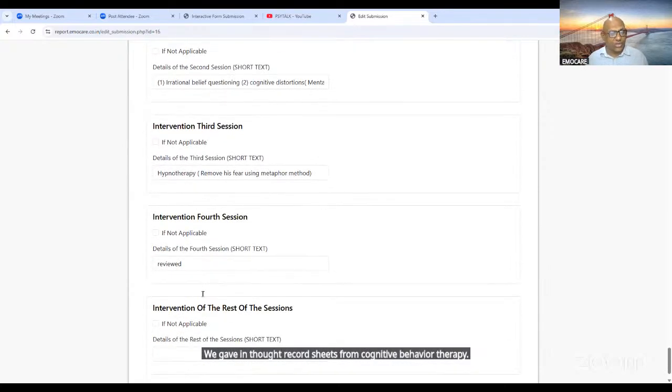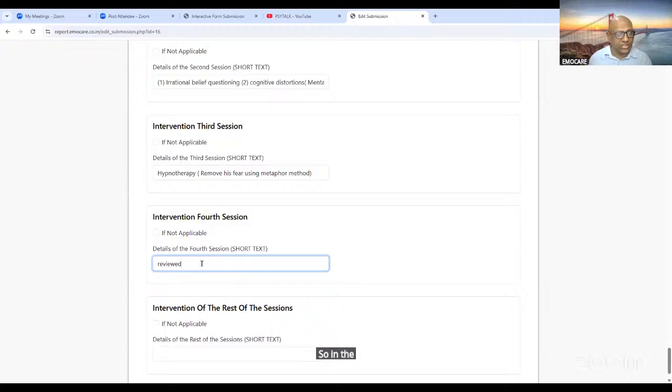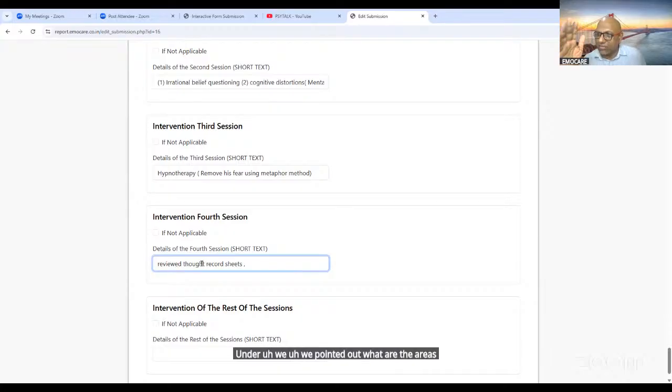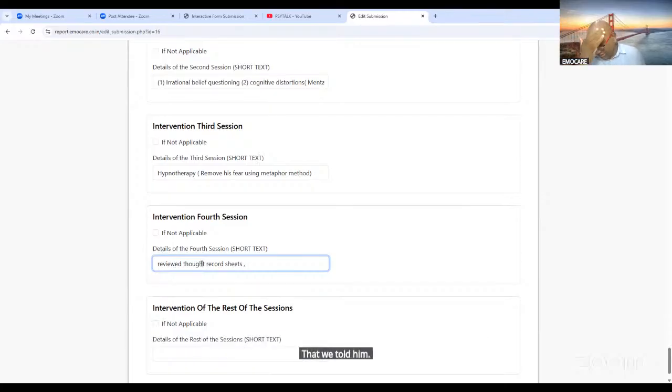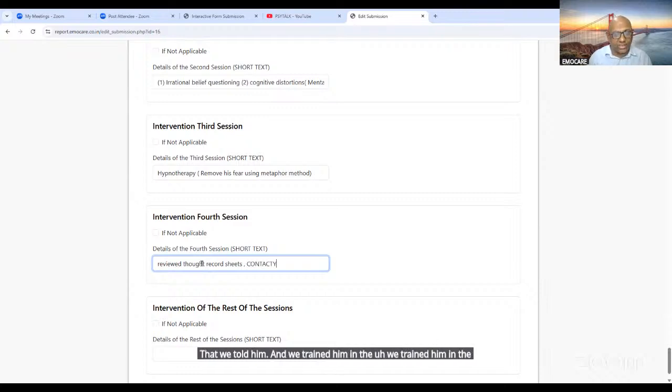So in the fourth session, we reviewed the thought record sheets, and we pointed out the areas where the negative automatic thinking has to be changed. That we told him, and we trained him in the technique contact.